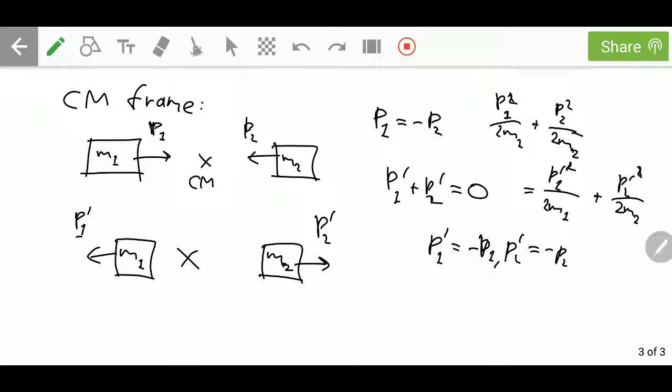So basically, in this center of mass frame of reference, the momenta of the two objects just stay the same but change signs. And so this ultimately means that the velocity of approach does equal the velocity of recession. But now what can we see from this?